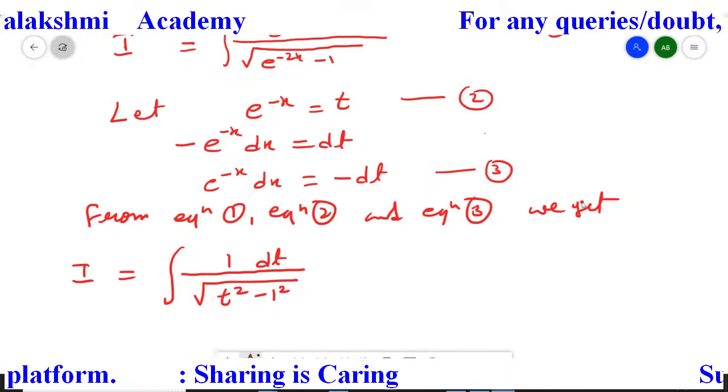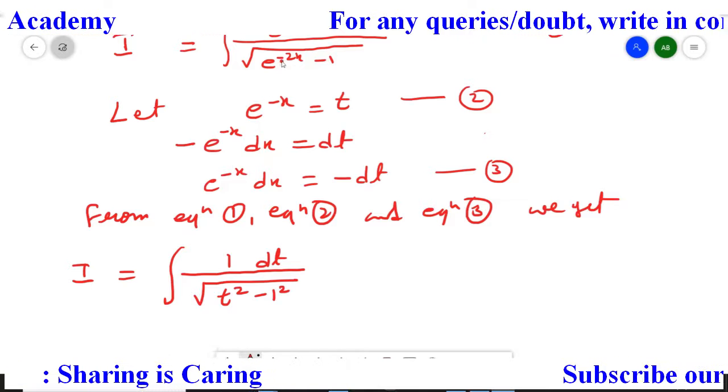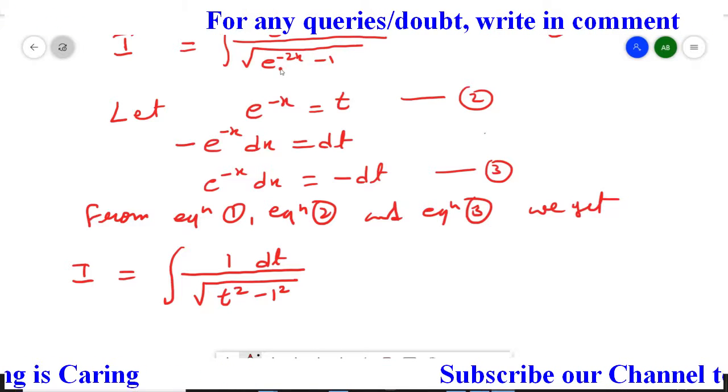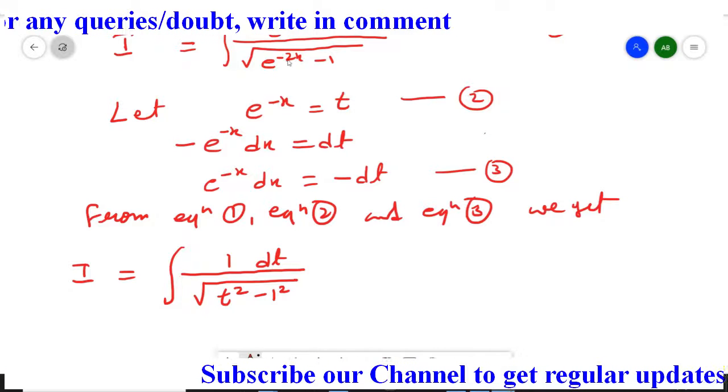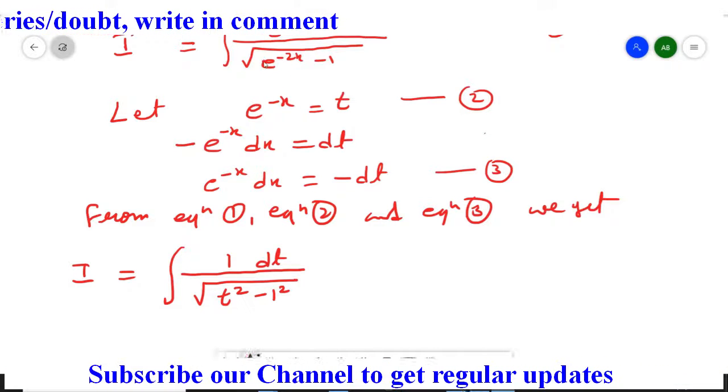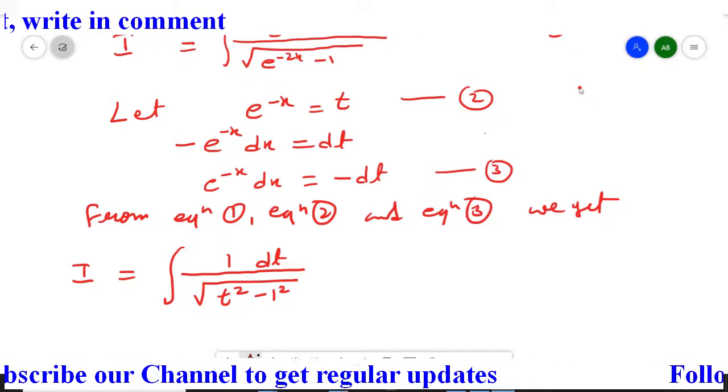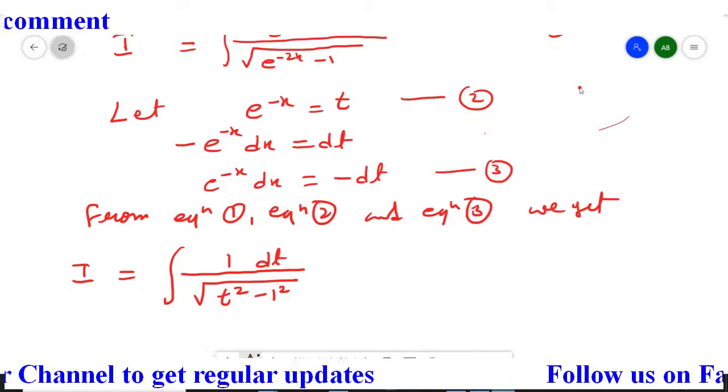I hope it's clear to you, because e to the power minus x we assumed as t. So if we substitute e to the power minus x as t, this square remains, it's going to be t square. Like this, I am just explaining here.